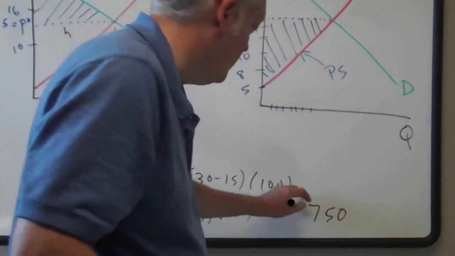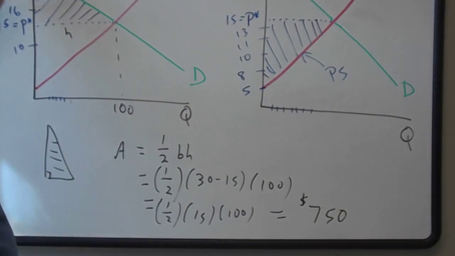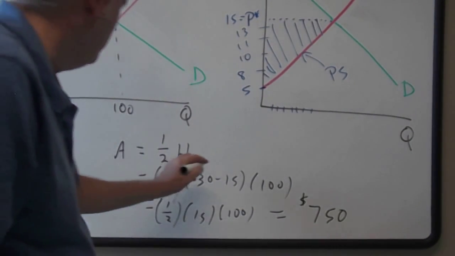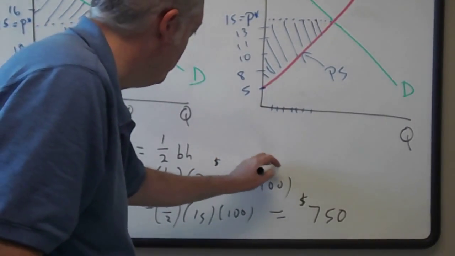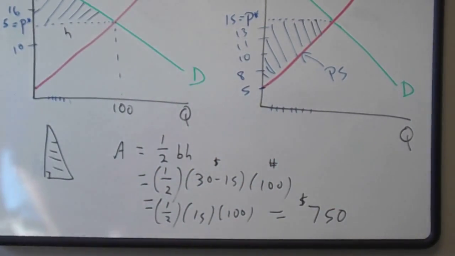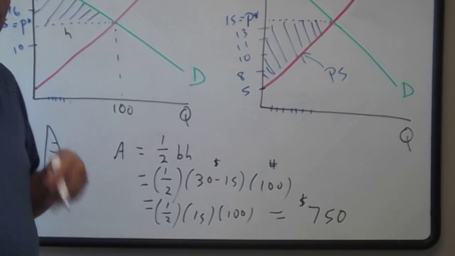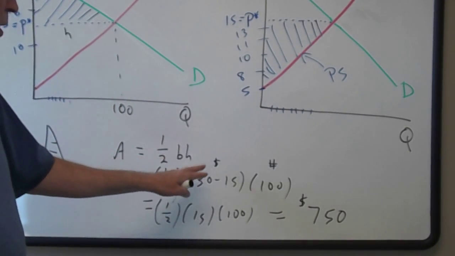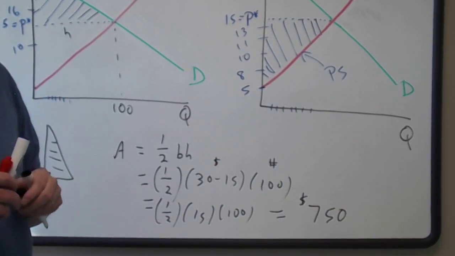750 what? $750. And the reason we know it's dollars is because the base is denominated in dollars, even while the quantity is denominated in units. And one thing that we know, and it's a rule of thumb to be aware of everywhere in economics, whenever you have a dollar figure multiplied or divided by a number, it's always going to be a dollar figure.